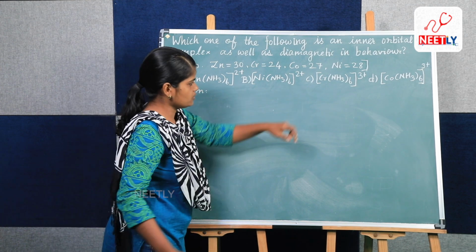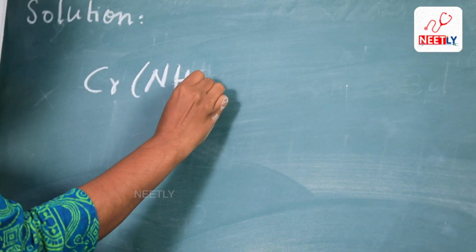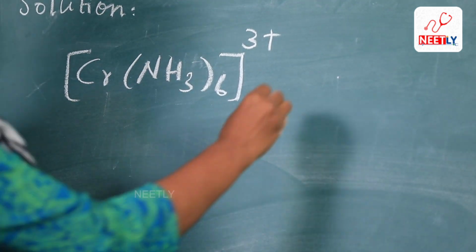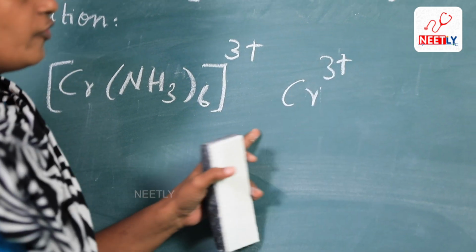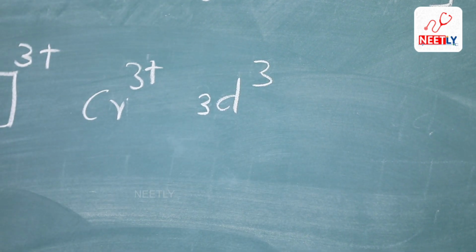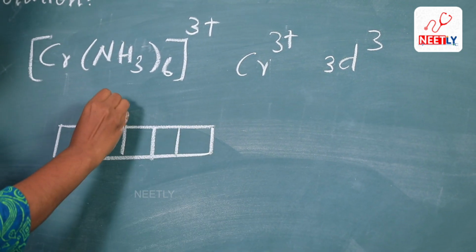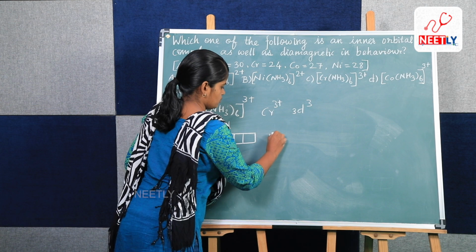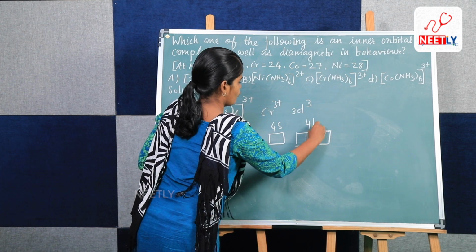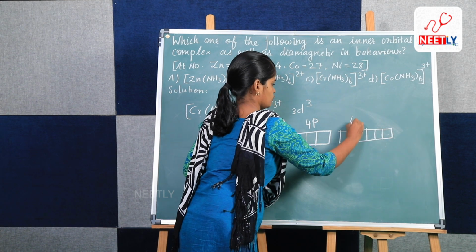And if we take the third option, that is the complex hexamine chromium 3+ ion. Here the chromium has 3+ oxidation state, of which the electronic configuration is 3d3, and if I fill the 3d orbitals and 4s, 4p, 4d.